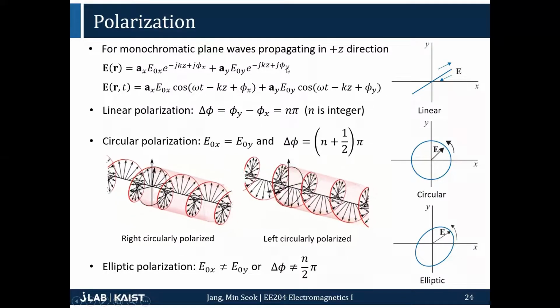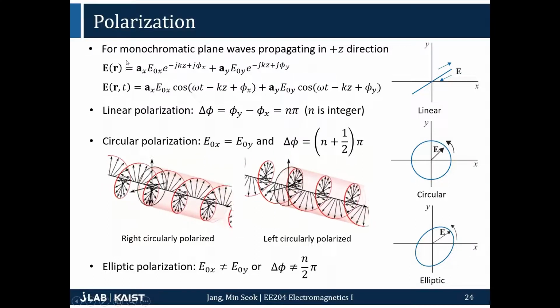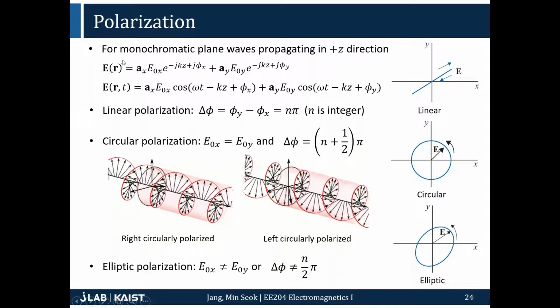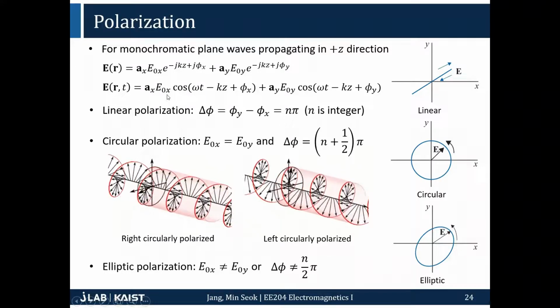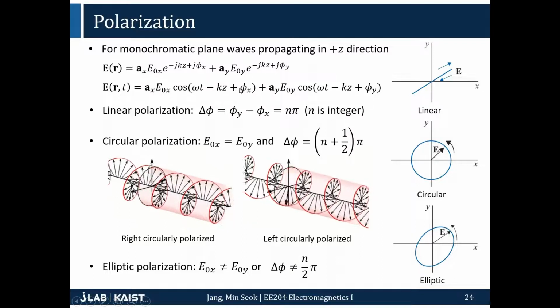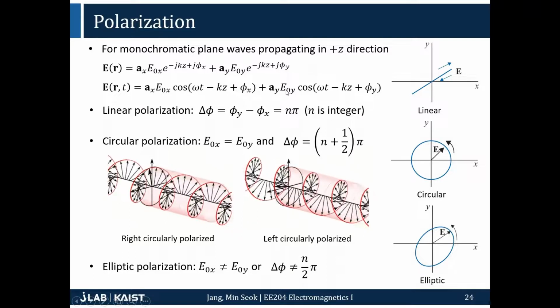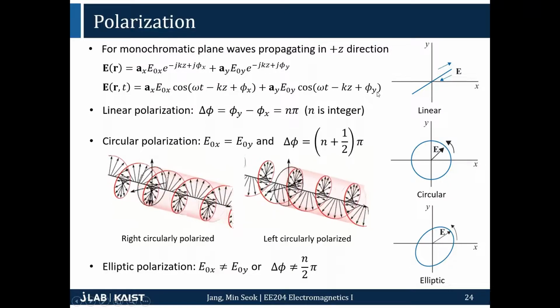Okay, just for convenience. And then, of course, the full form. So this is the Phasor form, and the instantaneous form looks like this: E0x cosine omega t minus kz plus phi x, and then E0y cosine omega t minus kz plus phi y.